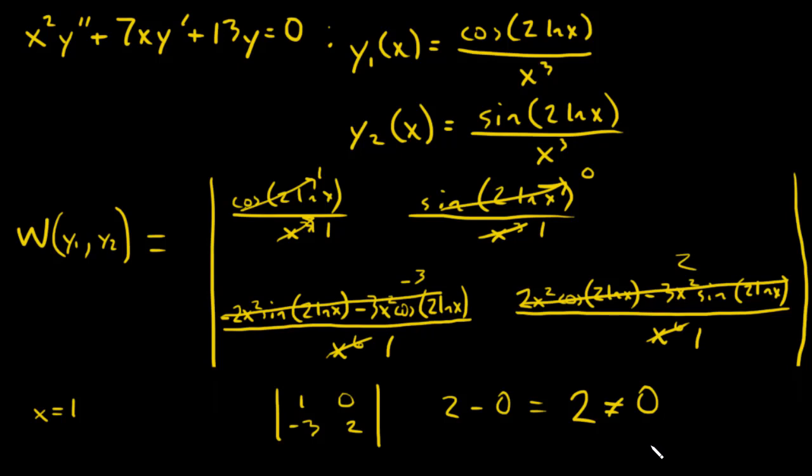And I'm trying to think, can you say that for all? Because you really didn't try all x values. They are linearly independent if it's not equal to 0 for all x in I. Okay, so if it is not equal to 0 for all x in I, they are linearly independent.